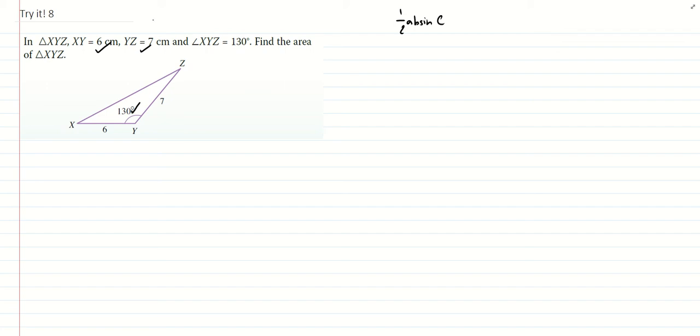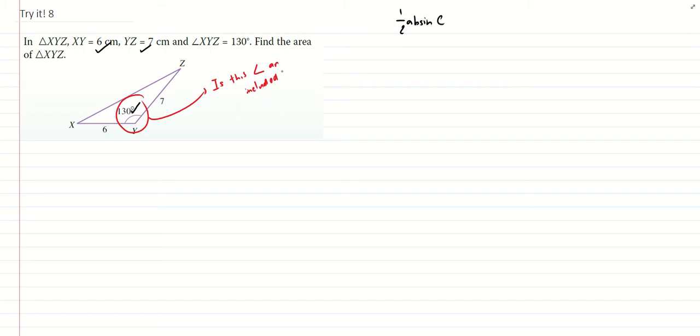Similar to the lesson, look at this question. We can understand why we can't use half times base times height, because the height is not given. However, before you can use this formula, please check: is this angle an included angle?